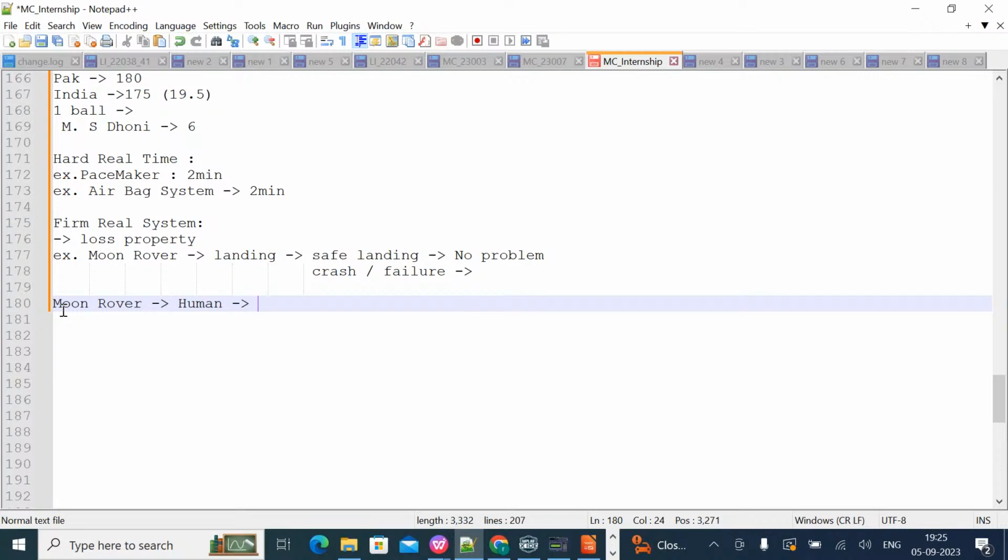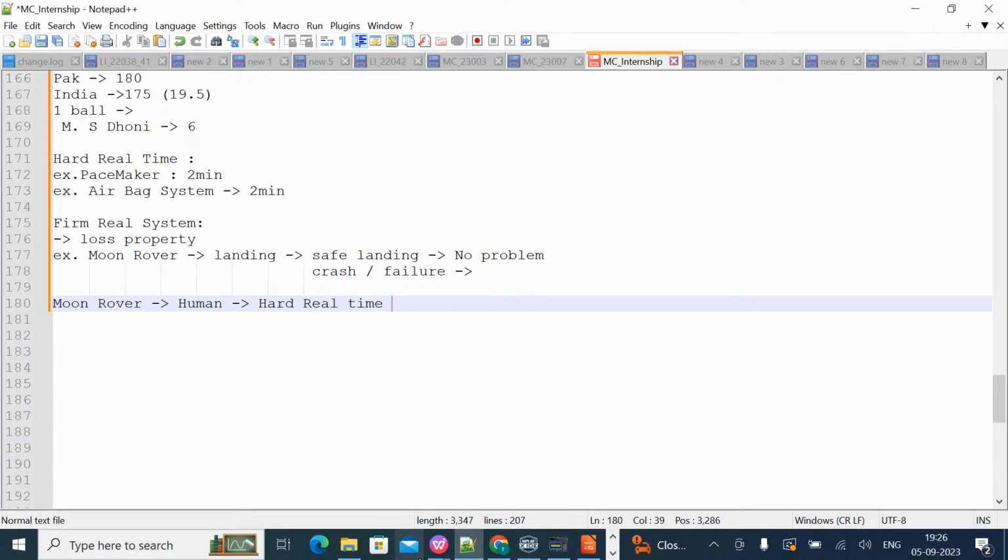Now in that case, if it is a crash landing, don't you think human life is getting affected? If a human is going in the rover, then what type of system is it? It becomes the hard real-time system. Understood? Very good question. So it becomes the hard real-time system. Otherwise, if it is just property loss, it is a firm real-time system.